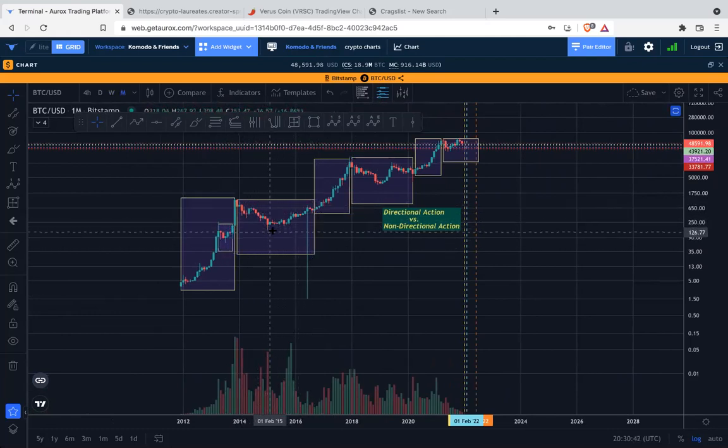And even though we have the lowest of the low here, it might not have to end right here. Maybe it ends either here or even here.